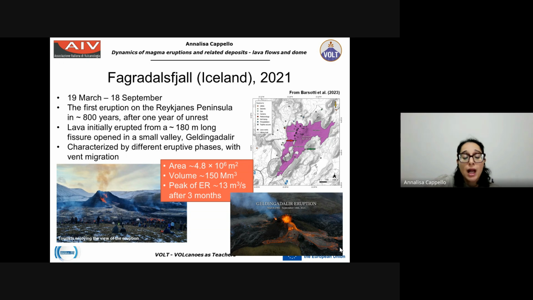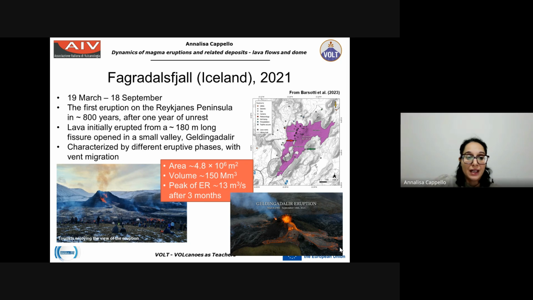So obviously it was less dangerous than the one of 1669, even if, in general, with respect to explosive eruptions, lava flows can be monitored.